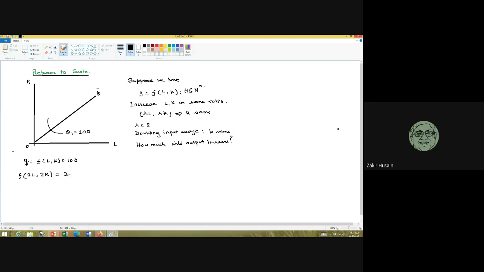And now let us say we are getting an output of 200. So what is the value of n? 1. So n is equal to 1. This is called constant returns to scale.